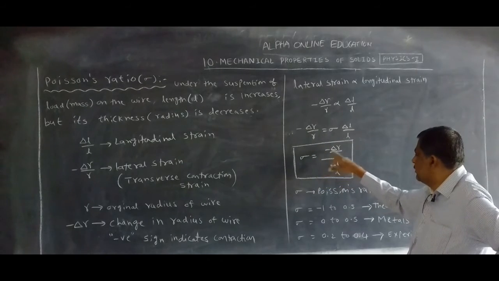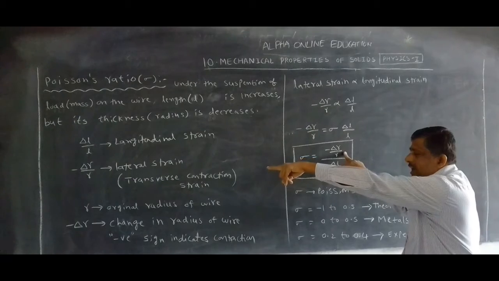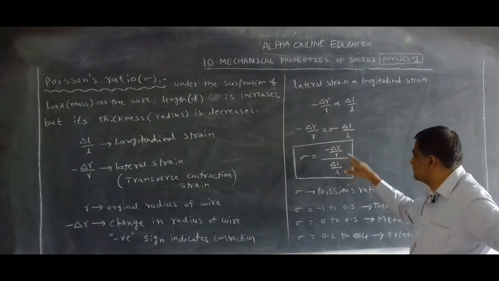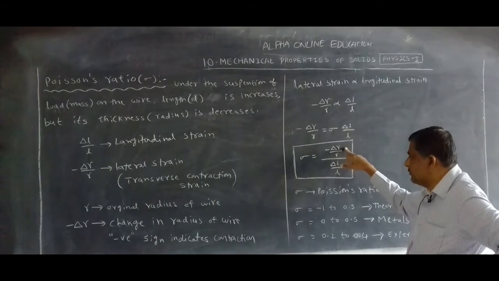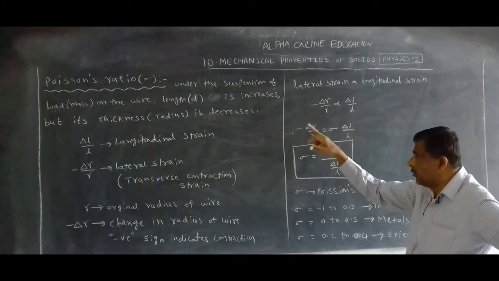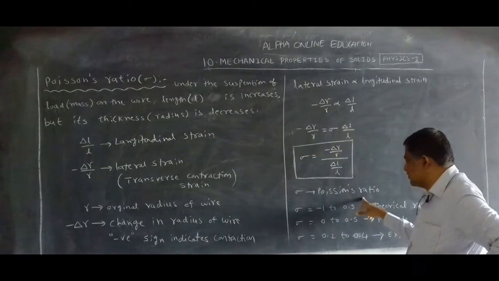Sigma is equal to minus delta R by R divided by delta L by L, that is, lateral strain by longitudinal strain. Sigma is called Poisson's ratio.